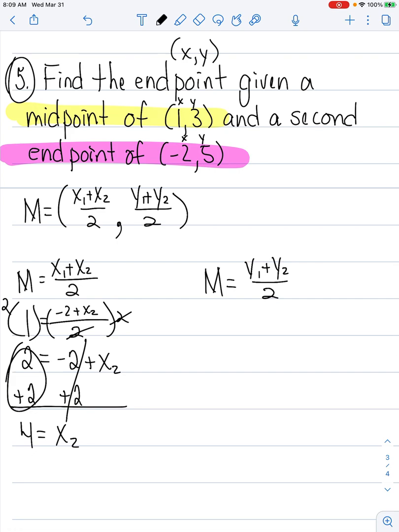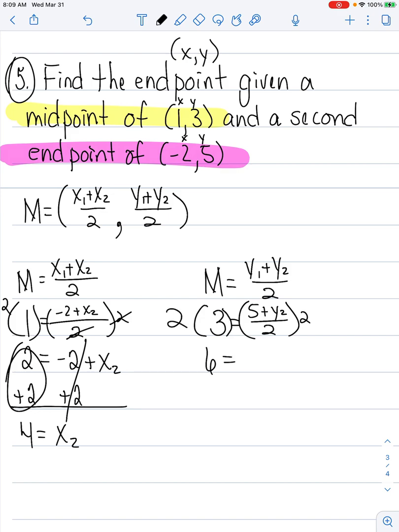So M stands for midpoint. What's the y of the midpoint? It's 3. Equals, what's the first y that they give us? -2, 5. Well, it's 5. So 5 plus y2 divided by 2. Now I want to solve for y. So I'm going to multiply both sides by 2.